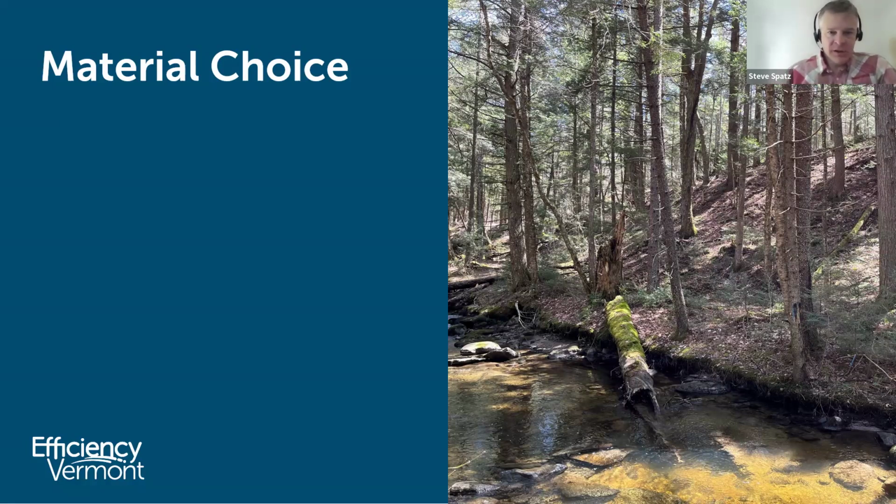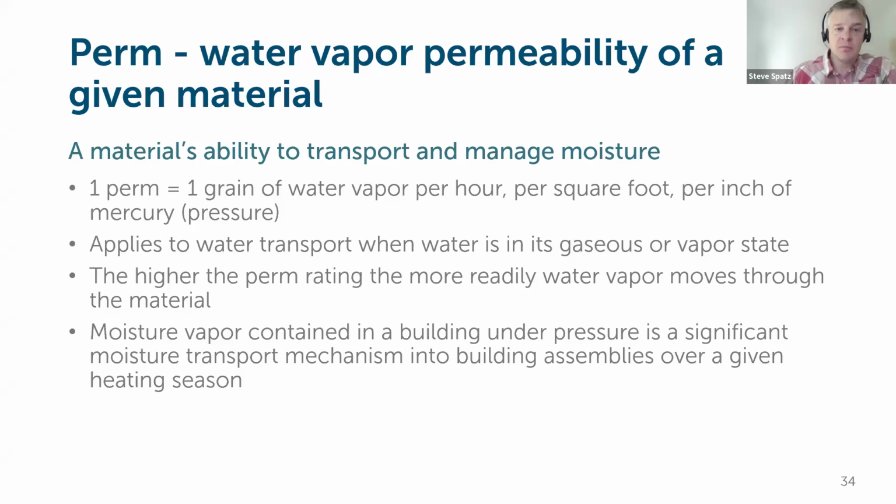So defining those 4 different control layers, a critical piece of the puzzle that we all need to be aware of at this point, and looking at when defining what choices we're going to have and what we're going to use in each of those 4 layers, is that perm rating. What is the vapor permeability of any of the given materials that are put together into an assembly?